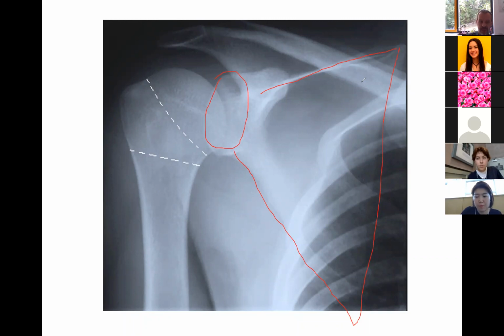As it's rotated, you cannot see all the structures nicely. This is the acromion. And the clavicle. So such an X-ray you also should describe.